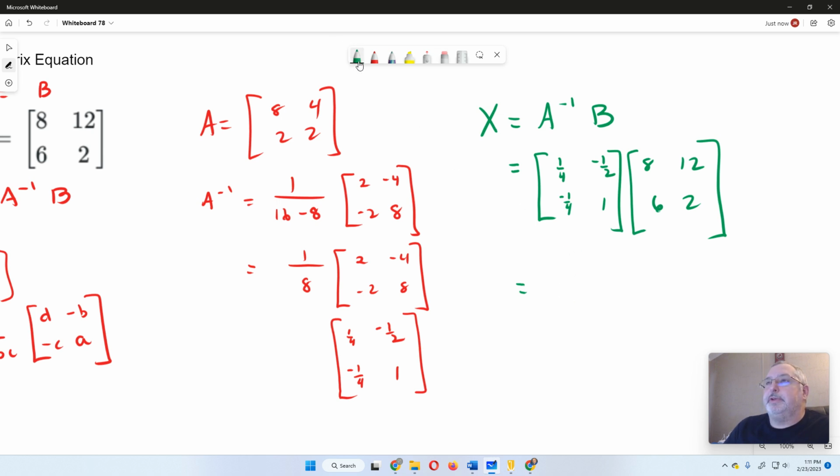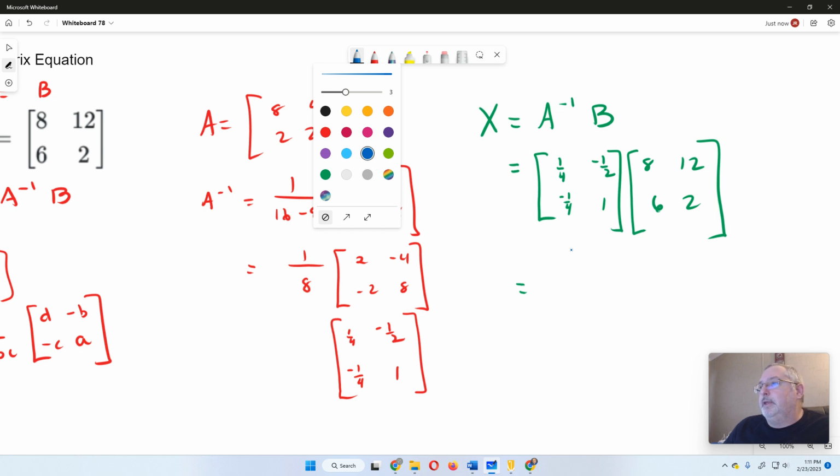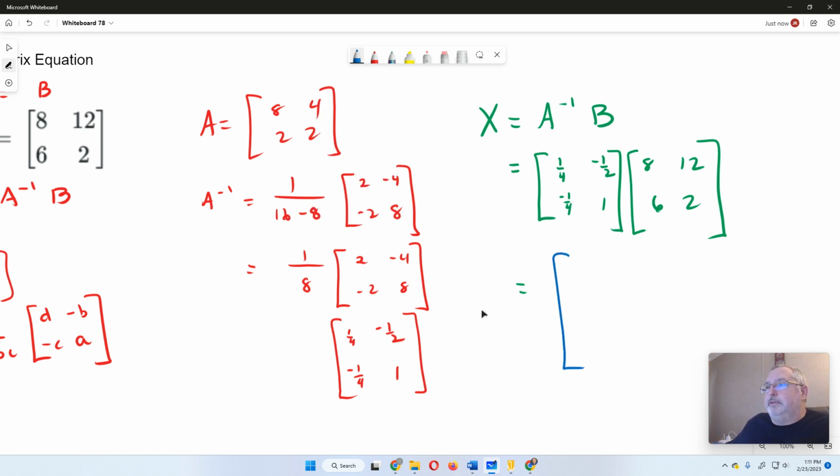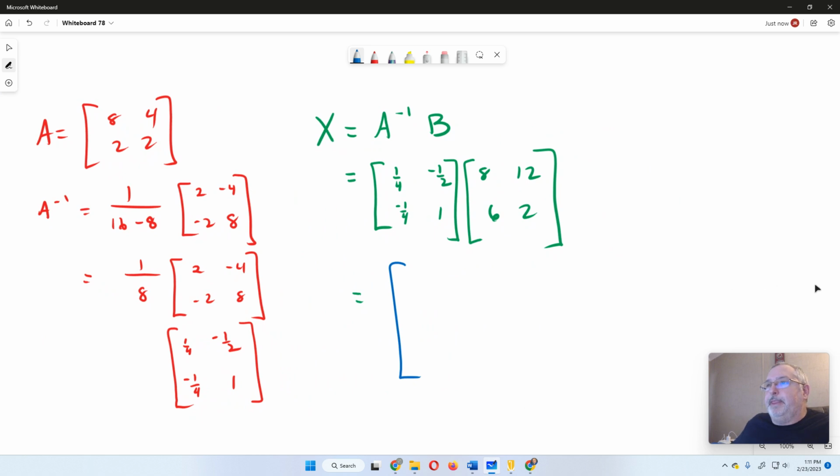Let me change colors so we don't have a lot of the same color here. I'll move it over just a little bit. So we're doing 1/4 times 8 plus negative 1/2 times 6. That's going to be the first entry. The second entry is 1/4 times 12 plus negative 1/2 times 2.